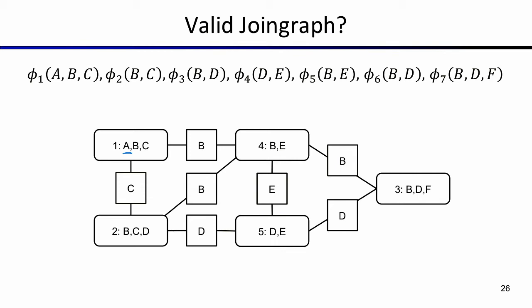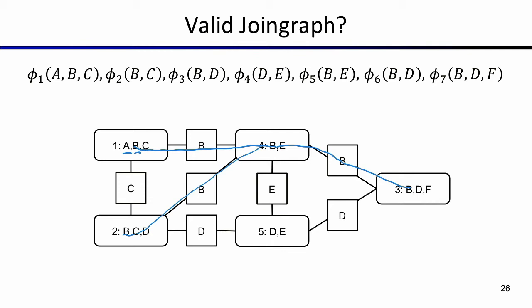In this case, a is occurring in just this cluster, so we are fine. We can go to b and see that b is here, here, and here, and also here. It is going to be a tree, so we are fine. It cannot be a forest, so it cannot be a disconnected tree, but we can also not accept loops, right? So we see that it's correct for b.